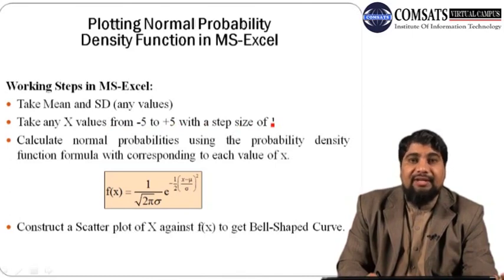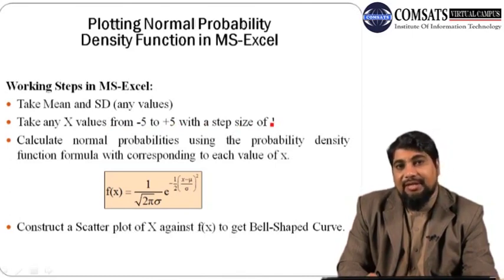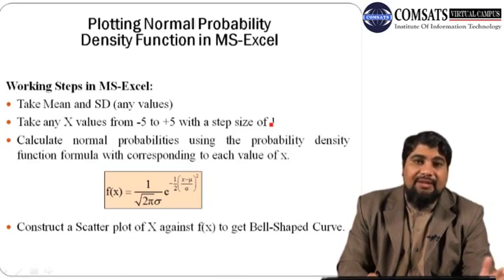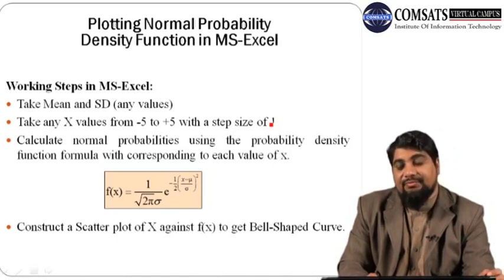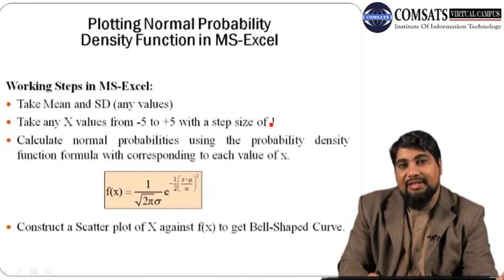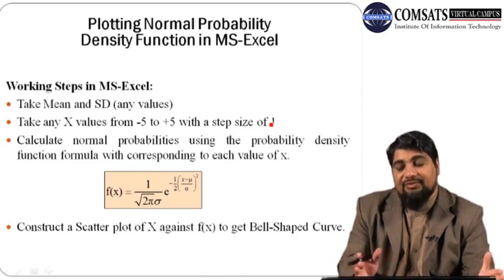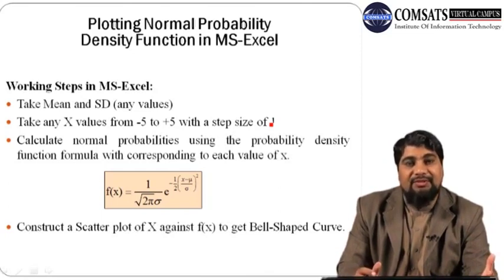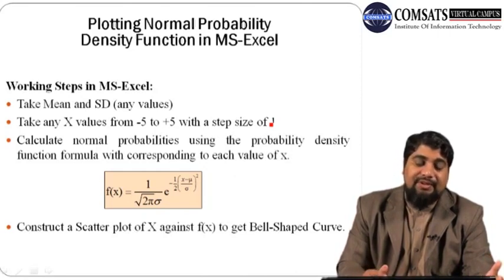So actually the range of x is from -infinity to +infinity, so we can take any value of x. Here in this particular case I am taking x from -5 to +5 with a step size of 1. So the first number will be -5, then a gap of 1, next will be -4. So the gap between -5 and -4 is 1 unit. Next will be -3, -2, -1, 0, 1, 2, 3, 4 and +5.